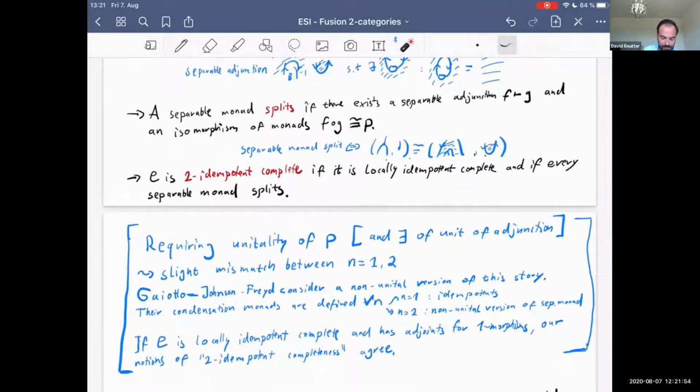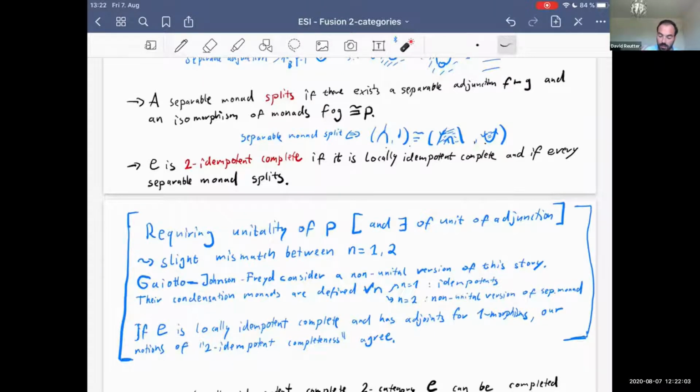And indeed, in this condensation paper, what essentially happens is that Davide and Theo consider a non-unital version of the story, where idempotents and these non-unital versions of separable monads really look the same and are categorically the same, just in different dimensions, and that allows them to categorify this further and get an arbitrarily dimensional version of 2 idempotent or n idempotent complete or condensation complete.